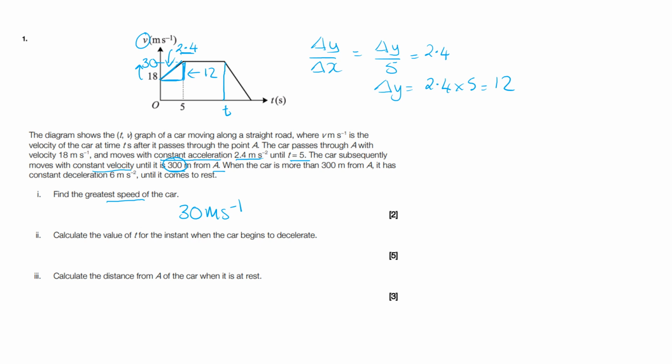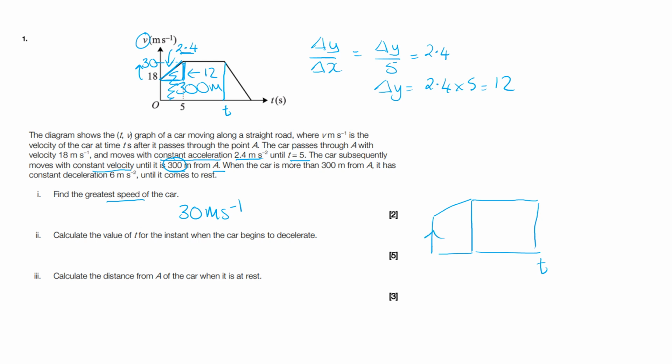Distance is calculated by the area under the graph, and we've got an area made out of this trapezium plus a rectangle. Now those two areas add to be 300 meters. So we need to calculate what they are, and then we'll be able to find the t there.